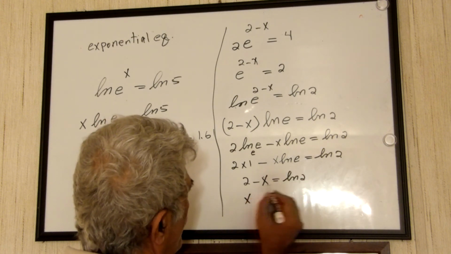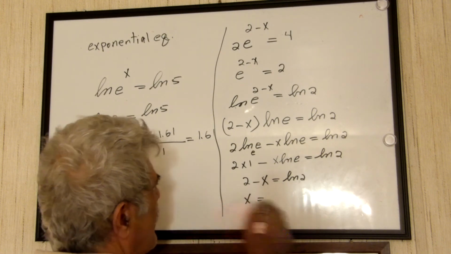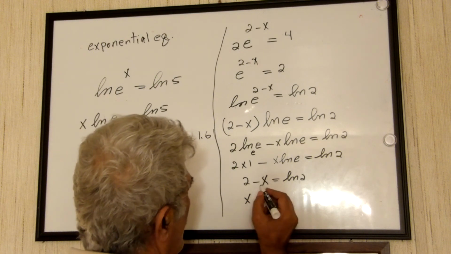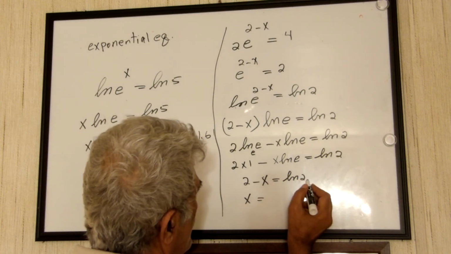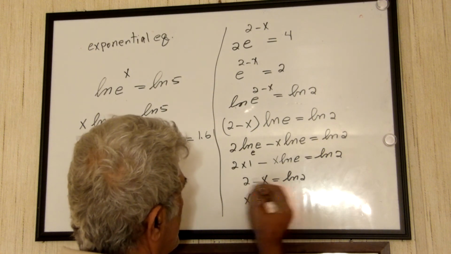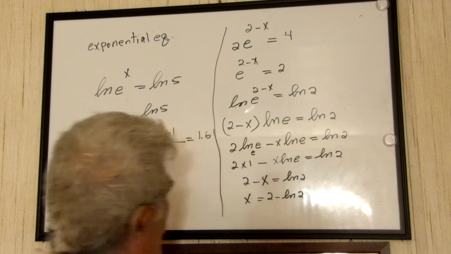Moving x to this side makes it positive, or you can multiply all of them by minus 1. This one goes to this side, and this one gets a negative ln 2.